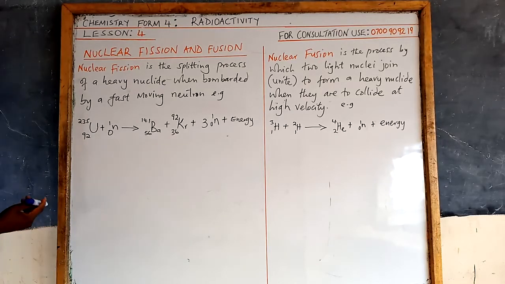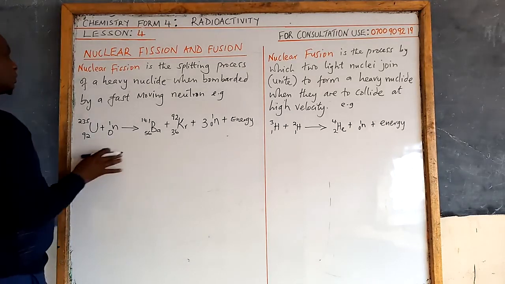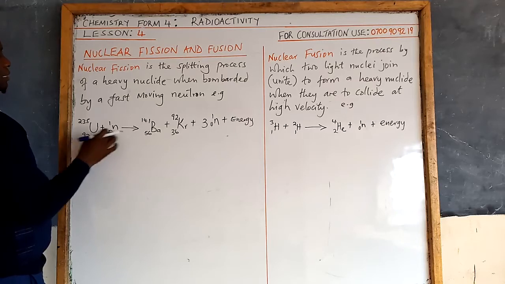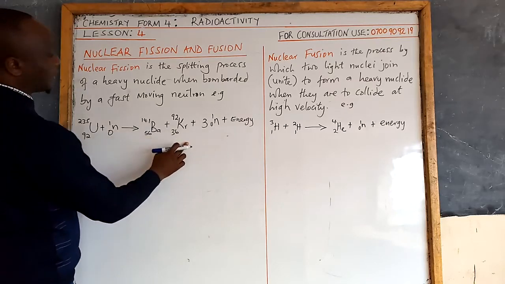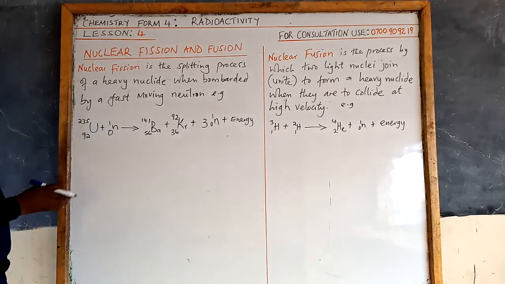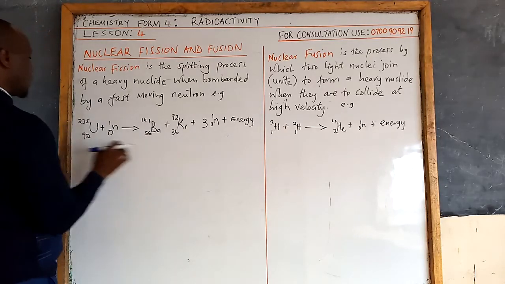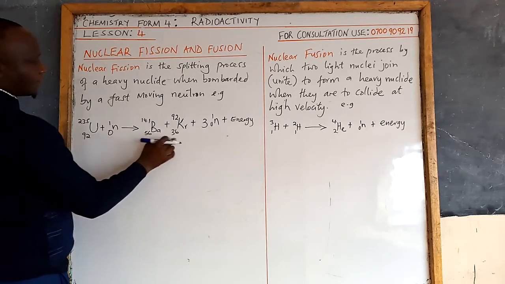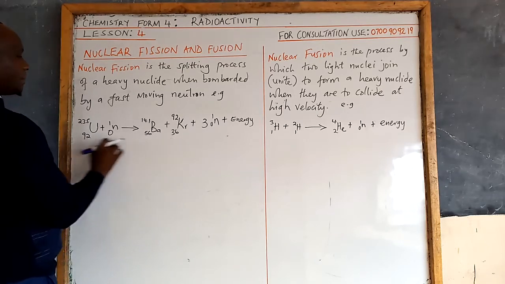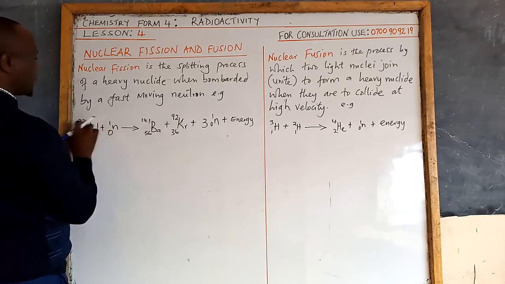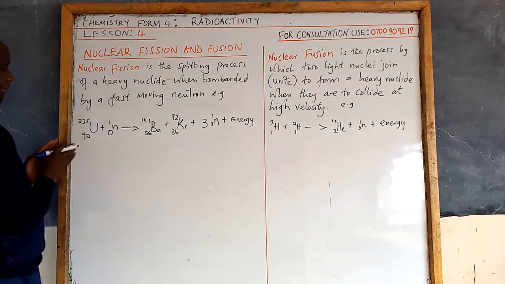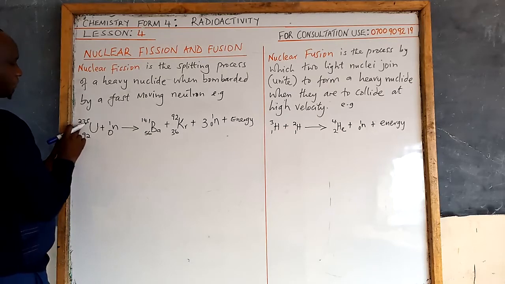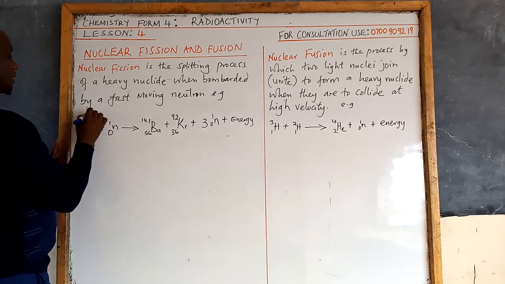Now consider this equation. It is balanced, not in terms of the atoms, because you can see this is uranium, barium, krypton. As I said, with nuclear equations, we don't balance the number of atoms, but we balance the atomic numbers, the numbers at the bottom, and the numbers at the top, the mass number. So we have here 235. On the reactant side, we have 235 plus 1, that gives us a total of 236.